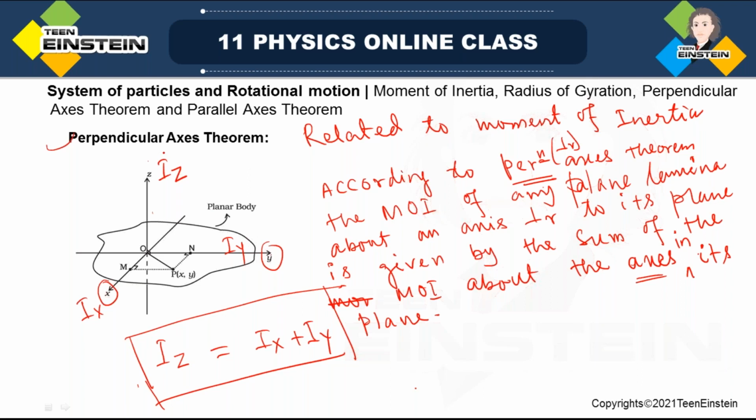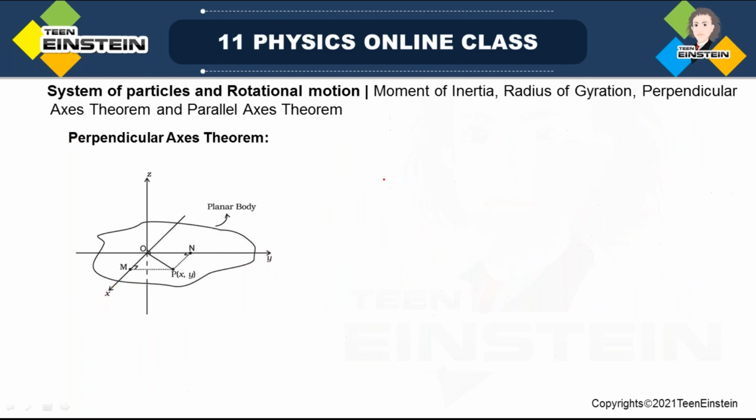So the moment of inertia about an axis perpendicular to the plane of the lamina is given by the sum of the moments of inertia of the object about its axes in the plane: the moment of inertia about the x-axis plus the moment of inertia about the y-axis. This is the statement of the theorem.